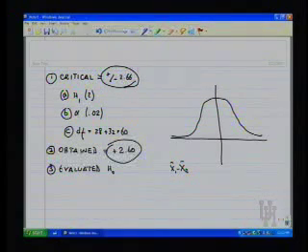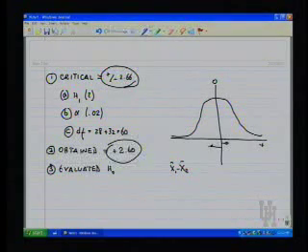So at the center of this distribution is the circumstance where the difference between x bar 1 and x bar 2 is 0. To the extent that we depart from 0 towards the positive end of the distribution, that indicates that x bar 1 exceeds x bar 2.